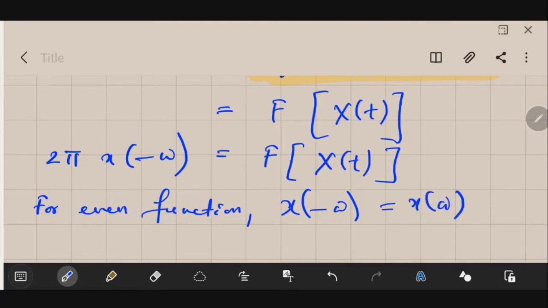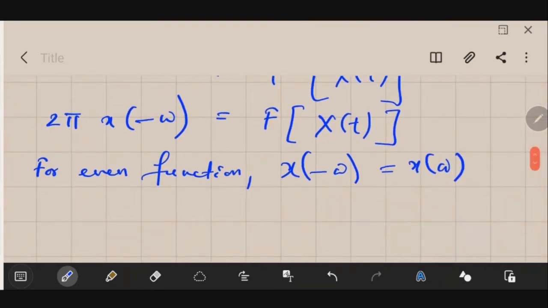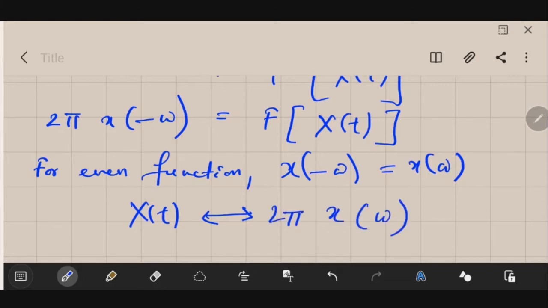In such a case, x of t after Fourier transform will be 2 pi times x of omega. So if it is an even function, we have x of minus omega equal to x of omega, so it will remain like this.